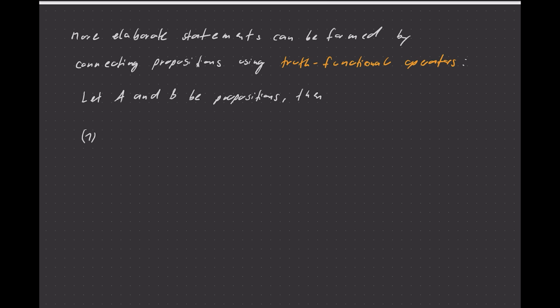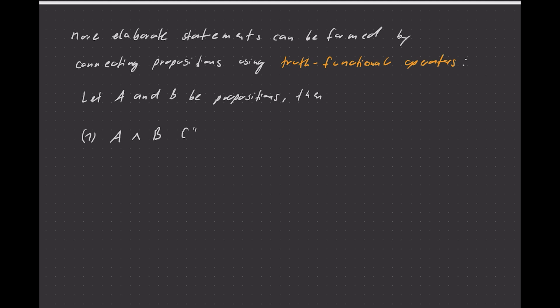Then what we define is the following. First, we define the so-called AND connection. That is true if and only if both A and B are true. And we abbreviate that by A and this symbol here that is known as the AND symbol.